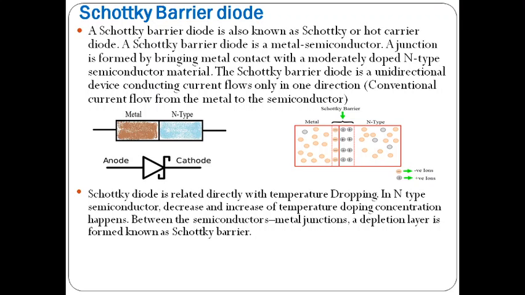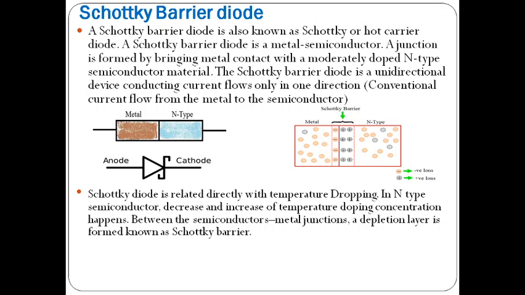The Schottky diode is related directly with temperature and doping. In n-type semiconductor, the doping concentration decreases and increases with temperature. We know this one. So this doping concentration depends on the temperature.